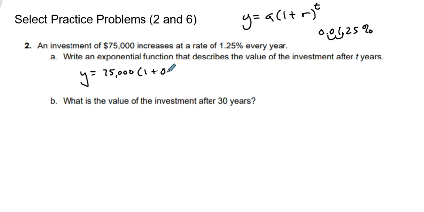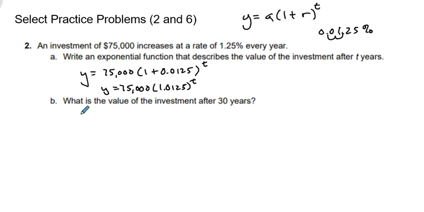So you're adding 1 and 0.0125 together, and then it's to the t power, and then all we've got to do to make sure this is completely simplified is just add up what's in our parentheses. So I have 1.0125 to the t, and when you add this and this, you can just get rid of the plus and glue them together, right?